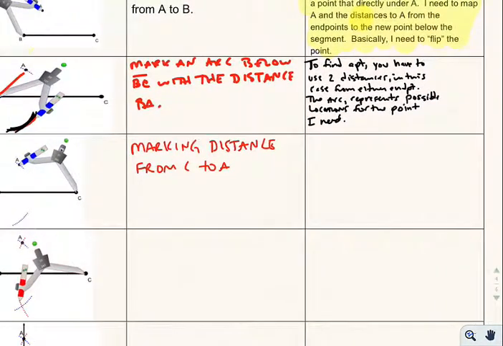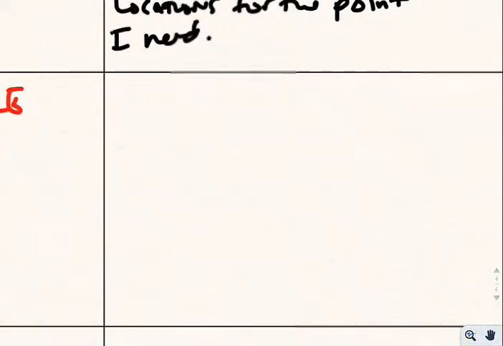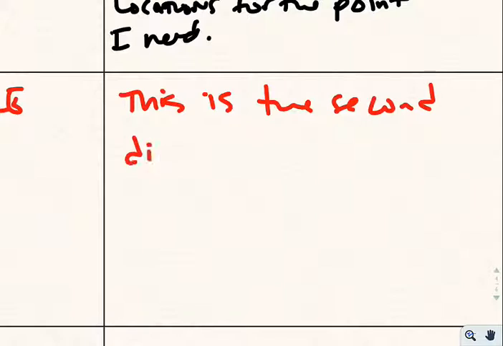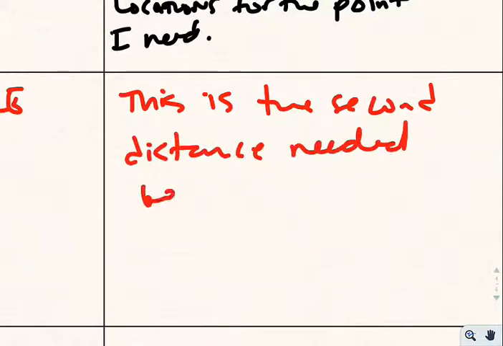Why I'm doing that is what I stated in the previous step. This is the second distance needed to locate the point I'm trying to map.